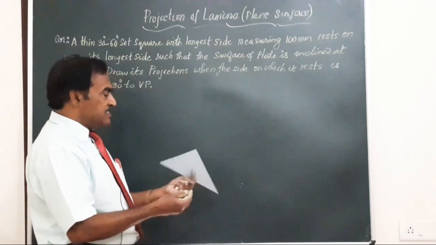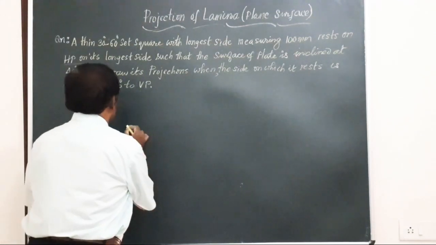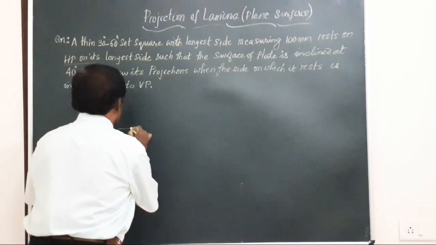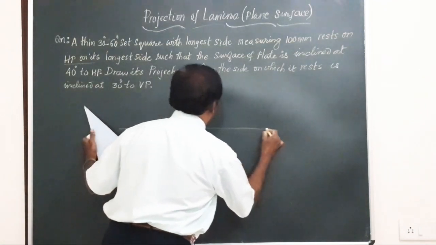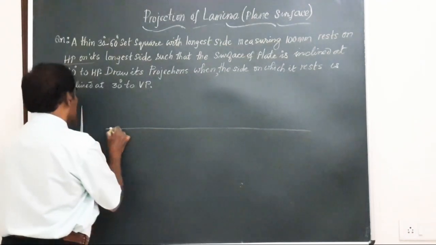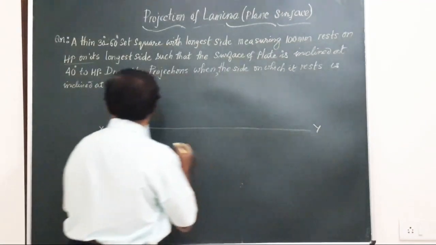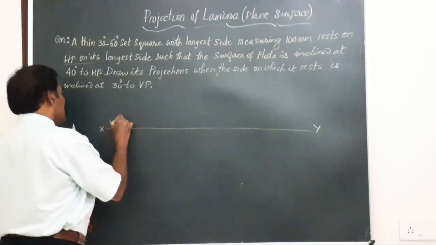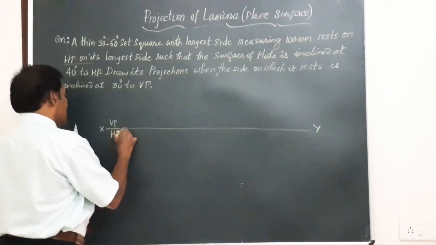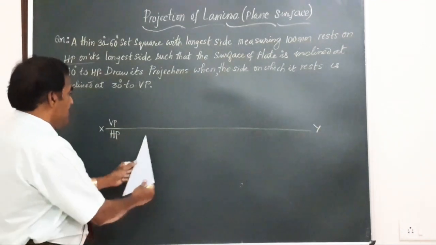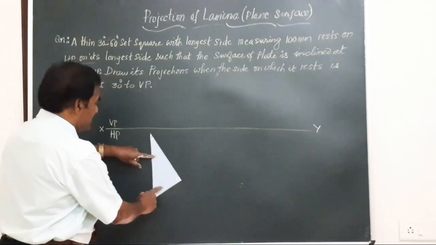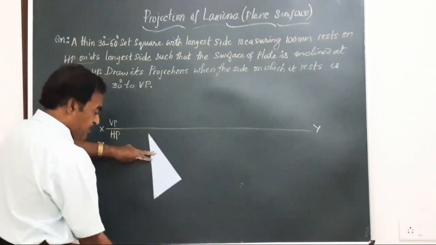So I commence this problem by marking the XY line, the line of intersection of VP and HP. I will mark it here XY, and this is VP and HP. So I am going to place this lamina like this such that the lamina is on HP now.